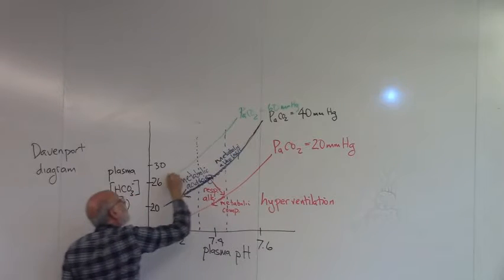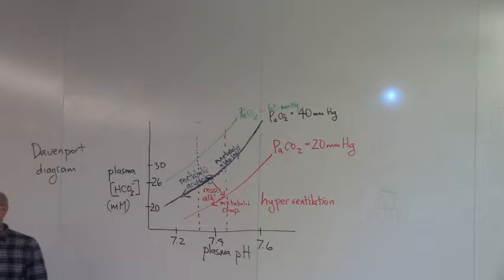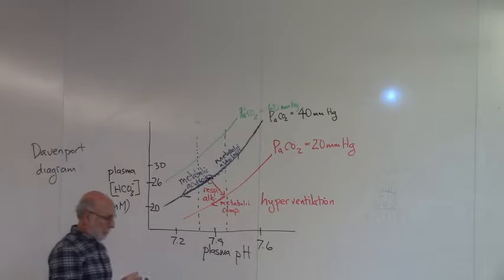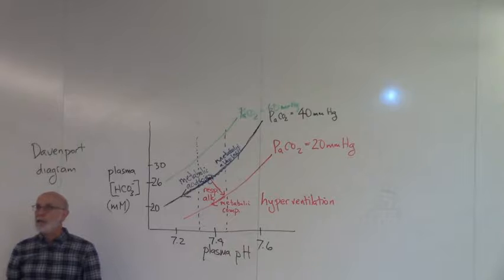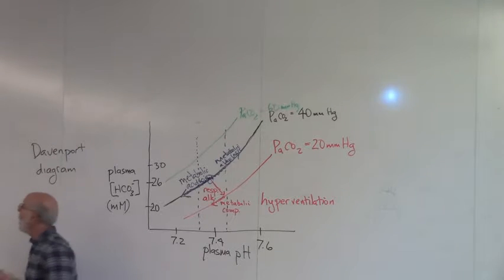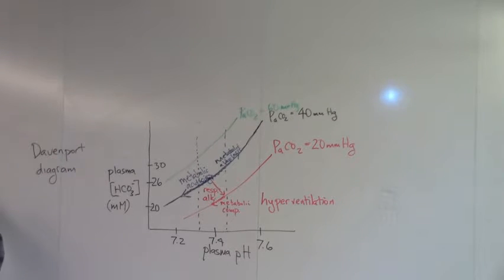We're on the curve. We're on the Henderson-Hasselbalch equation, plugging 60 in here. If this is hypoventilation, PCO2 is too high, ventilation is low, PCO2 is high.